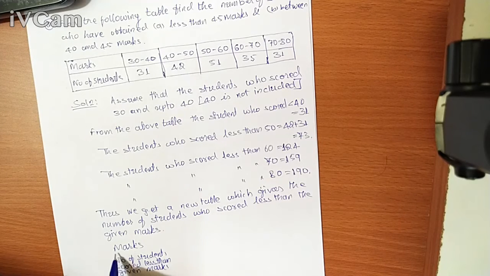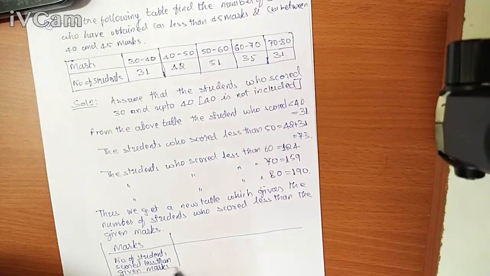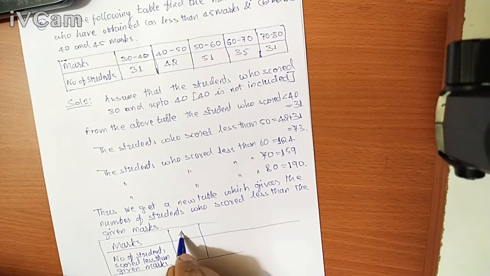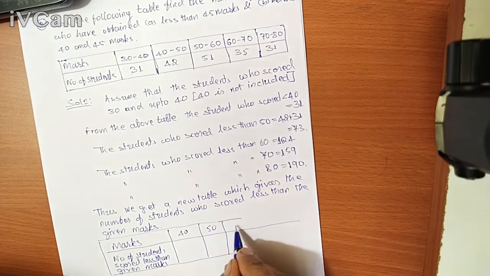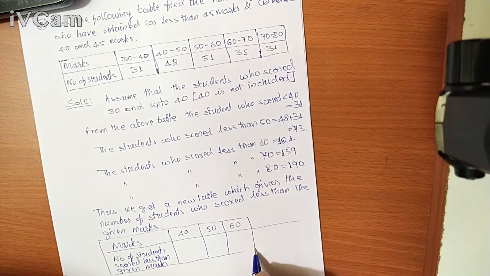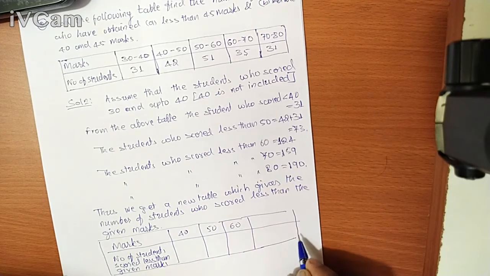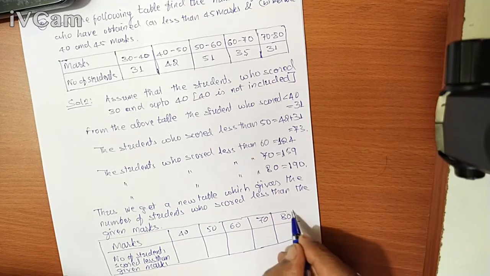So now, instead of the range, I'll have a new table which gives me the number of students who scored less than the given marks. So it is 40, then 50, then 60, then 70, then 80.